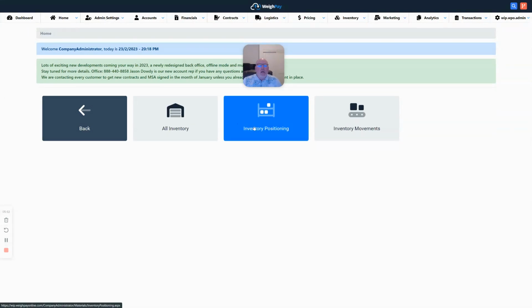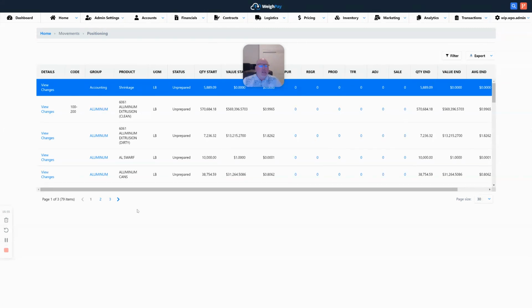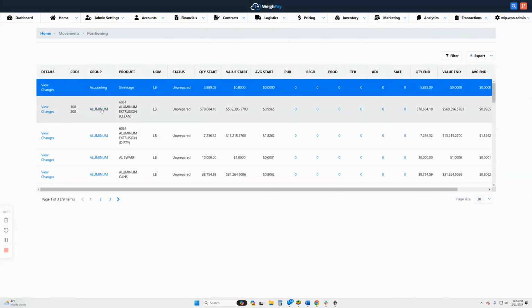Under inventory positioning, you can see here how we have a real-time inventory positioning that allows us to see at the group level or the individual commodity level how many purchases, how many regrades, how many productions, how many transfers, how many adjustments, or how many sales have happened within a certain date range. What was your starting quantity? What was your ending quantity?